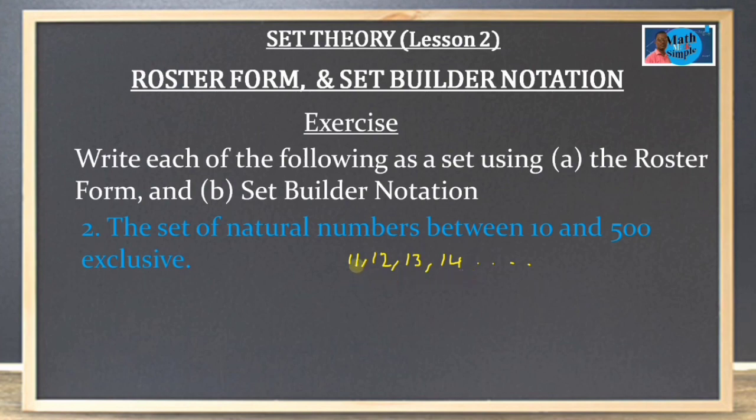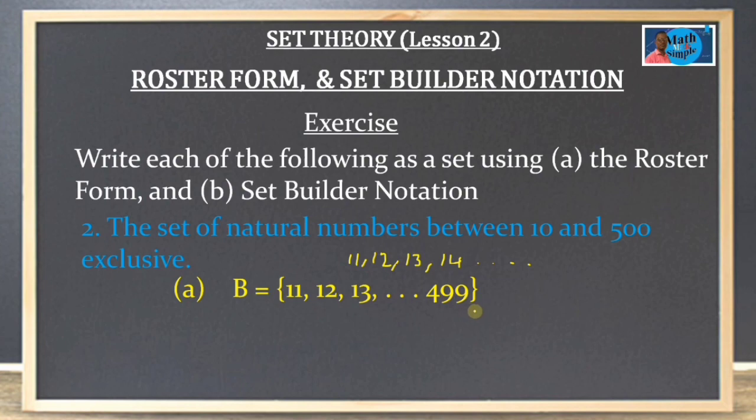So for this set, you have 11, 12, 13, followed by 3 dots, and ending up to 499 because 500 is excluded from this set. So our set will be B equals 11, 12, 13, the 3 dots representing all of the other members in between here and ending at 499.